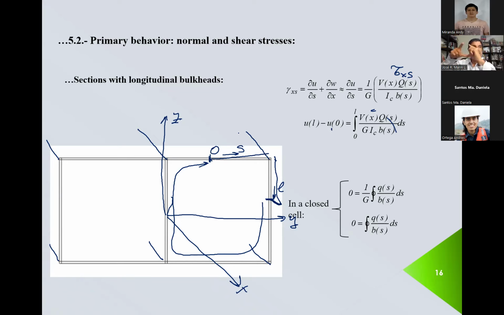Otherwise, it will be like that, and that means that the section will be broken, but it's closed. That means that the closed integration has to be equal to 0. So that's what we're saying here. We say 1 over G, and this is tau, has to be equal to 0. That means that u at L is equal to u at 0, in order to avoid the section being broken.